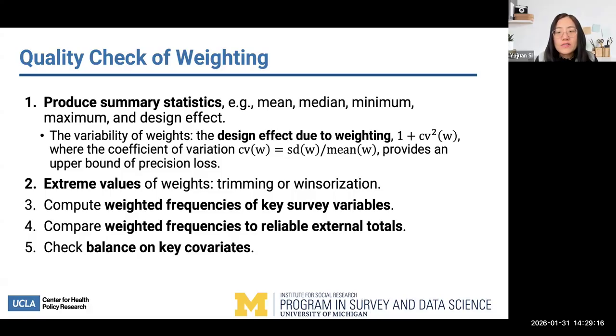That approach is called Winsorization. We can compute weighted frequencies of key survey variables and compare them to reliable external totals or external information. We can check the balance on key covariates after weighting.